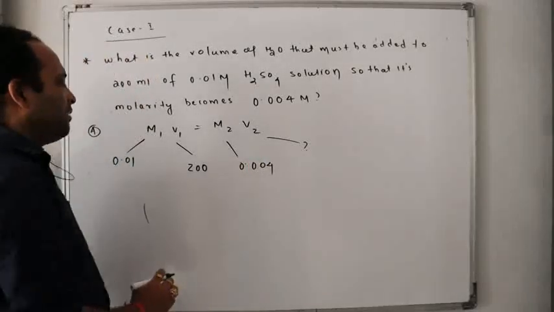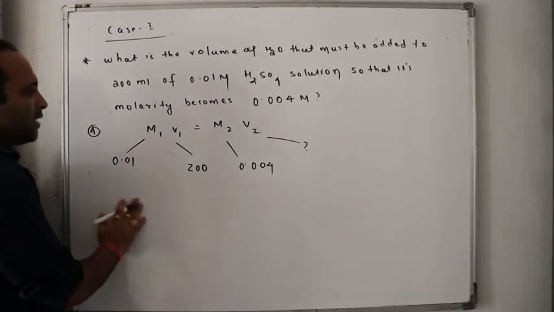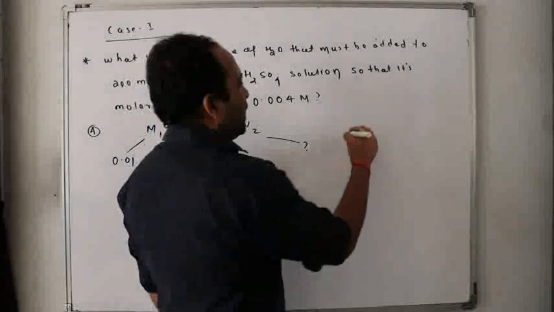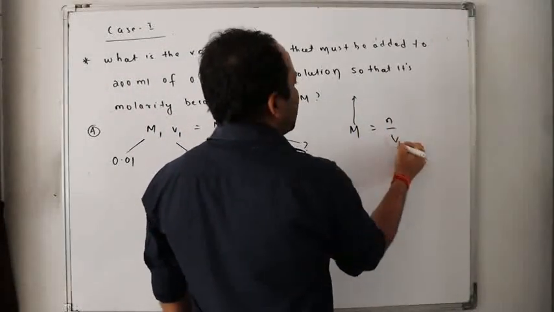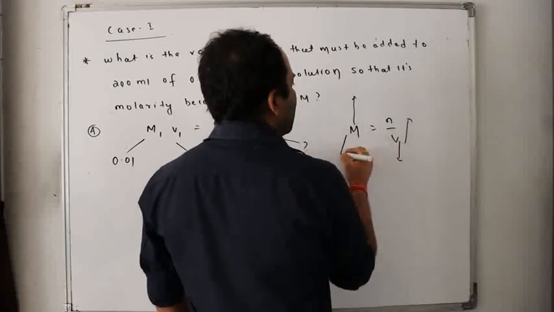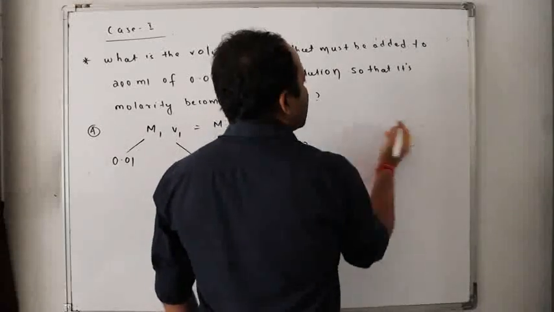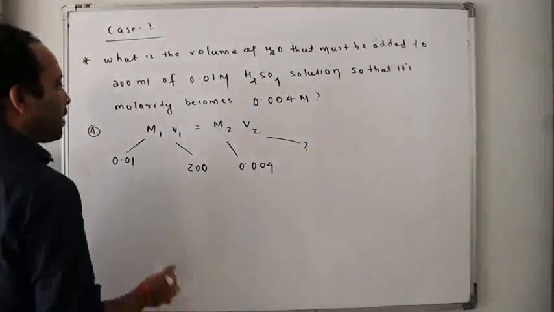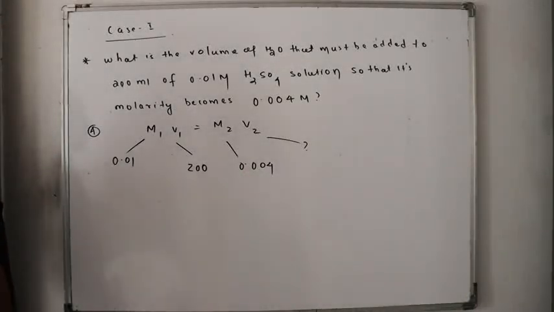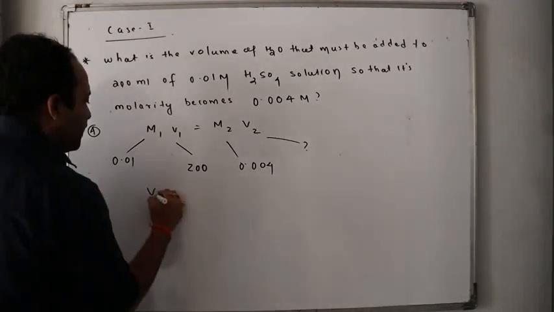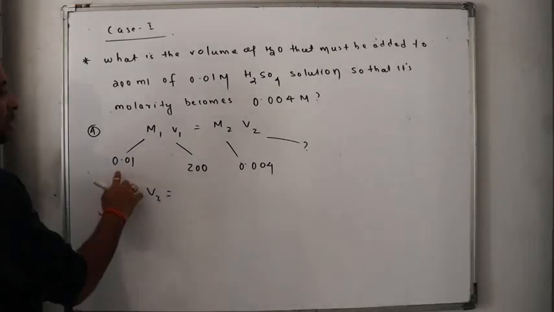See, it's very nice that molarity is equal to number of moles by volume. If molarity increases, volume decreases. If volume increases, molarity decreases. So they are inversely proportional to each other. So here molarity decreases. Look at this point.